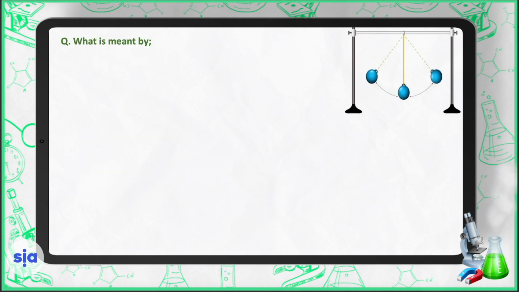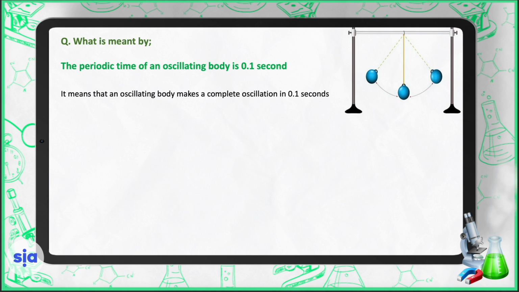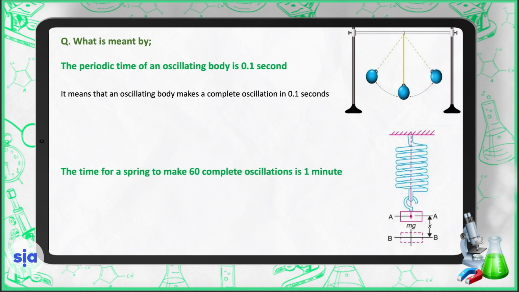Now, what is meant by the periodic time of an oscillating body is 0.1 second? This means that the oscillating body makes a complete oscillation in 0.1 seconds. What is meant by the time for a spring to make 60 complete oscillations is 1 minute?